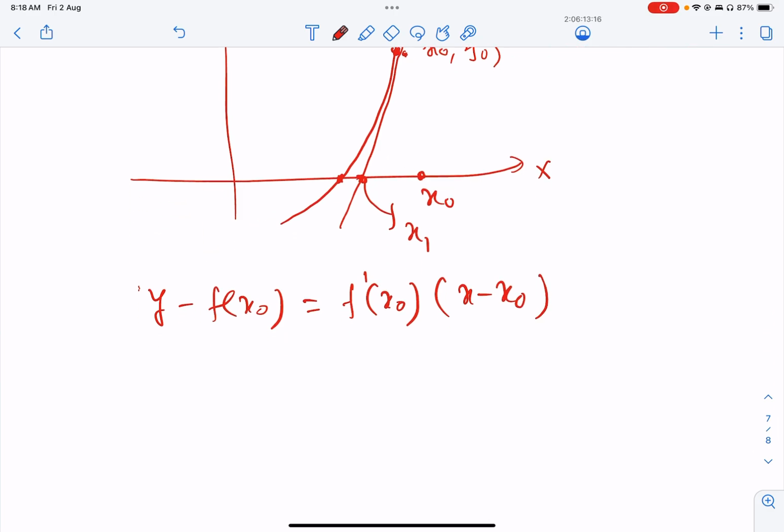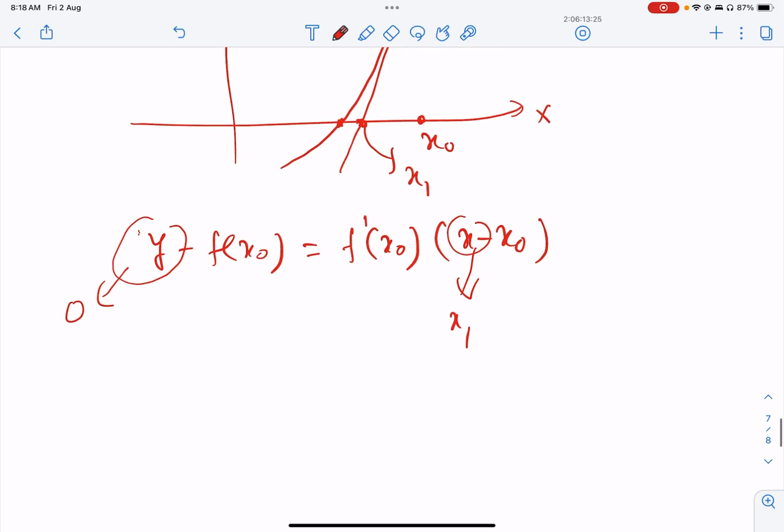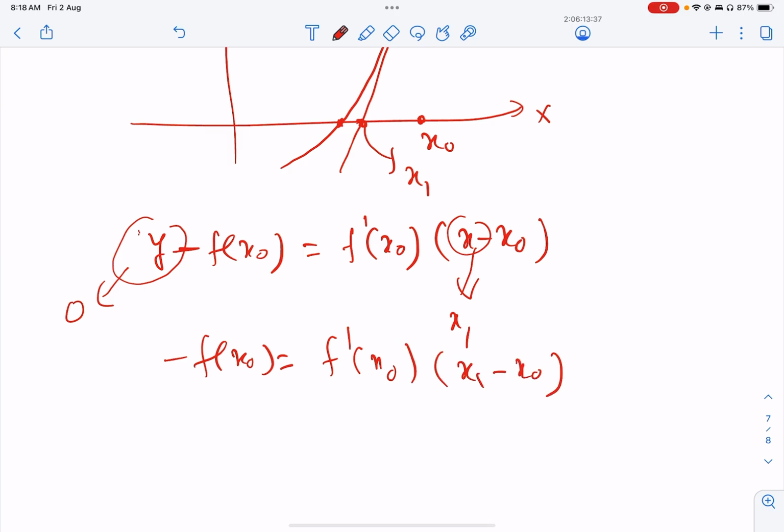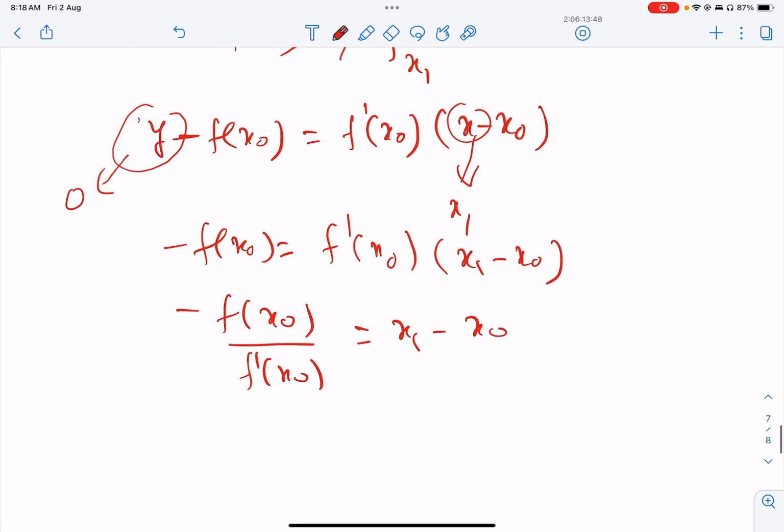Now if this tangent cuts the x-axis, then y is 0, and our next approximation is x1, so we write x as x1, and if we simplify this, then we have minus f of x0 equal to f dash x0 into x1 minus x0, and so that is nothing but minus f of x0 by f dash x0 equal to x1 minus x0, and therefore x1 equal to x0 minus f of x0 divided by f dash x0.